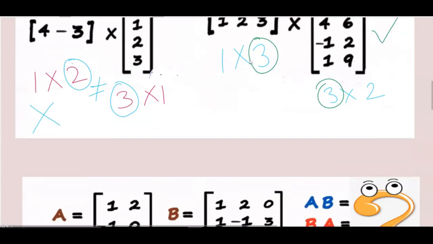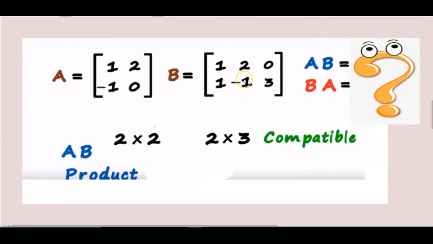Now the next thing, which is very, very important. We have two matrices here. Are they compatible? I have found the order of these. The order of the first matrix is 2 by 2 and the order of the second matrix is 2 by 3. The number of columns of the first matrix equals the number of rows of the second matrix; they are equal.